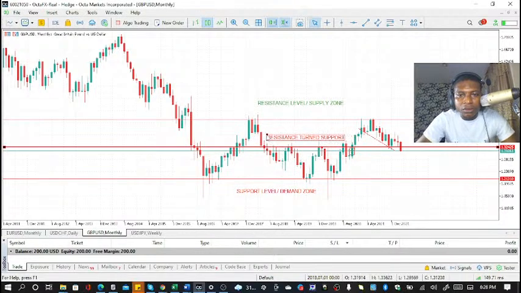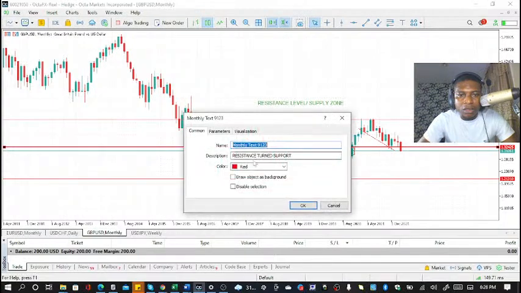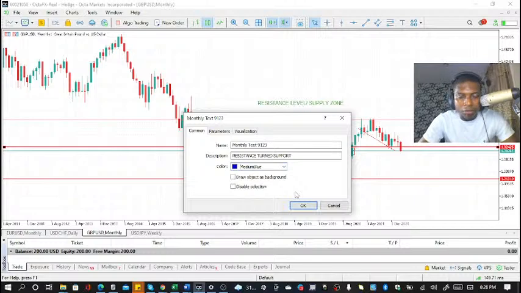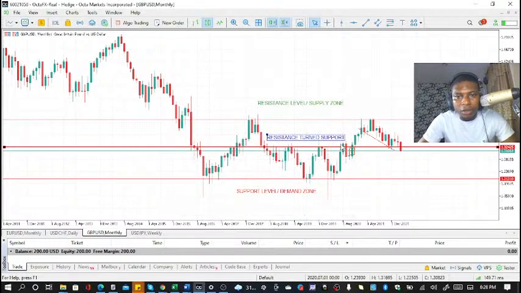Let me change the color so that it can be distinct from others. Let's give it medium blue. Okay, good. Makes it stand out. Now we see that this level is now a resistance turned support level, right?